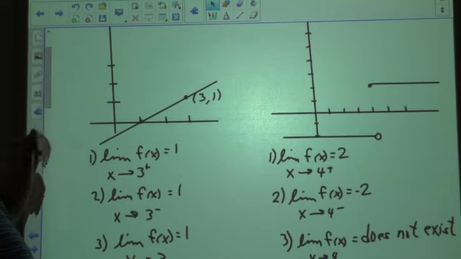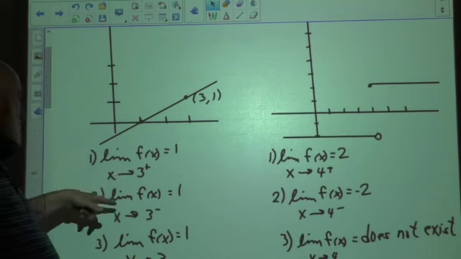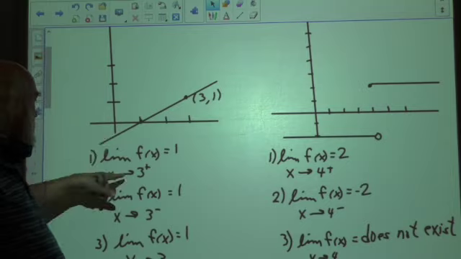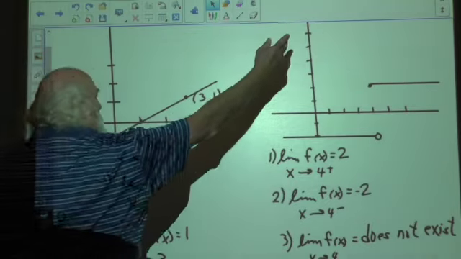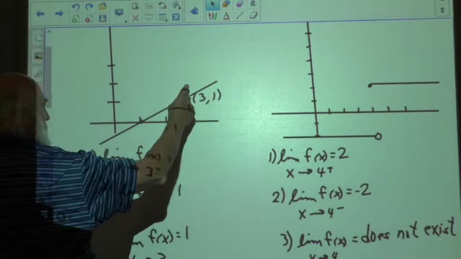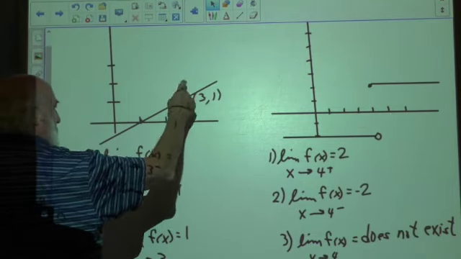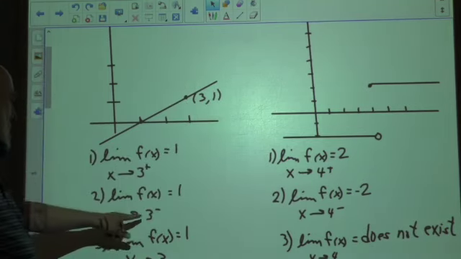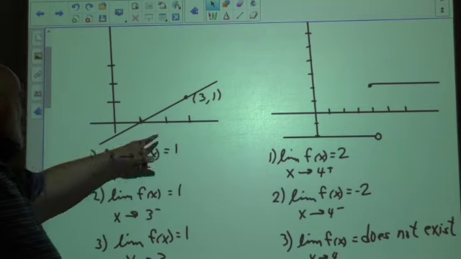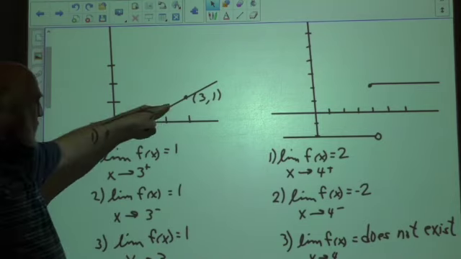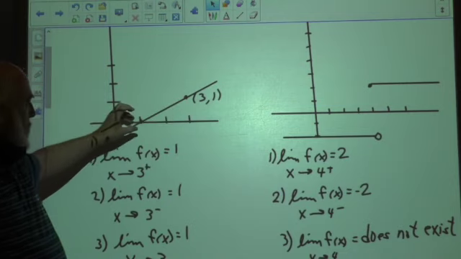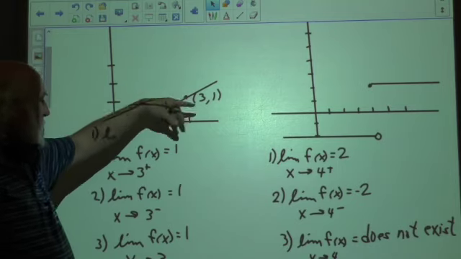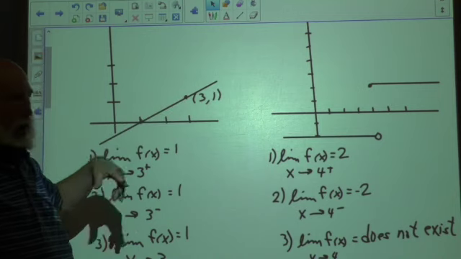In order for this to be a continuous function, these three things must be true. The limit of x has to be a certain value, and as x approaches from the positive side, we go to the positive part of the graph and come over here, and you see it approaches 1 as x equals 3, so the limit here is 1. We do the same thing from the negative side of this point, so we come over here, and we see there's no disjointedness, no discontinuity as it approaches, just like there was none over here.